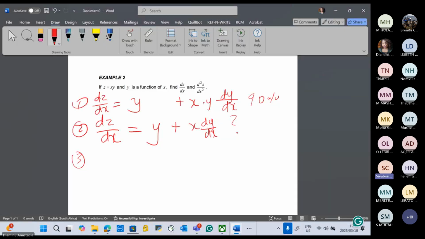When we're differentiating y there, ma'am, that's what I'm trying to say. We differentiate it the same way as x, but we don't write y. I don't know if you get the sense of it. Okay. So if I wrote it like this, am I wrong?